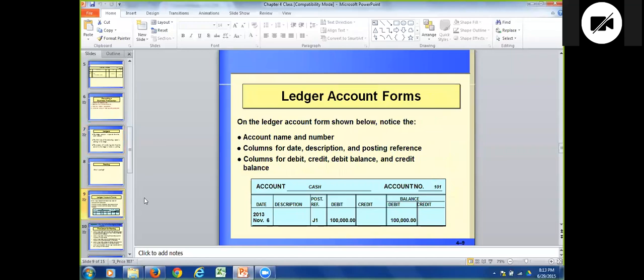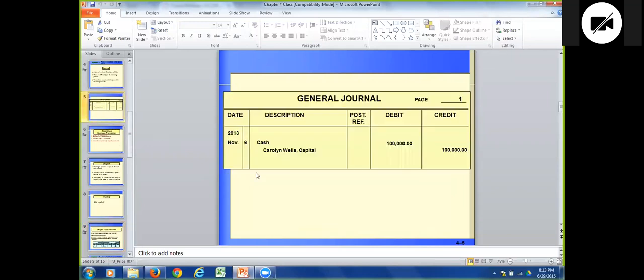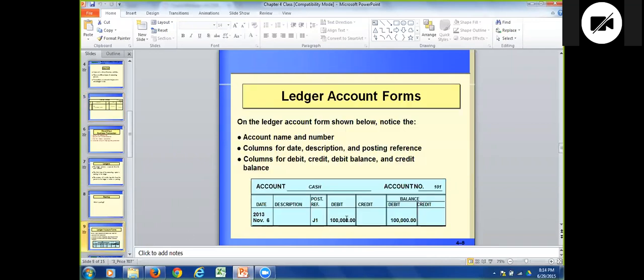An example of a ledger account is, here's one with cash. It lists all of the transactions for the account. So you'd have one for cash, accounts receivable, prepaid rent, sales, every account would have its own ledger. And that ledger would have details of all the transactions. If we use the example from here, this cash for Karen Wells, you can see this 100,000 is posted in our ledger.